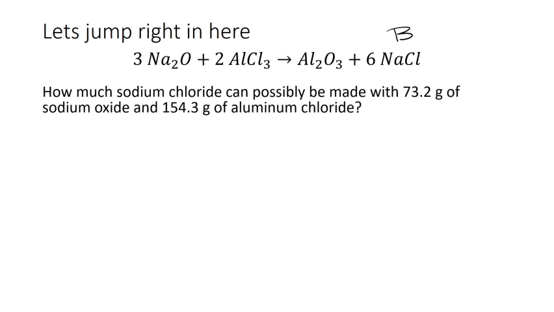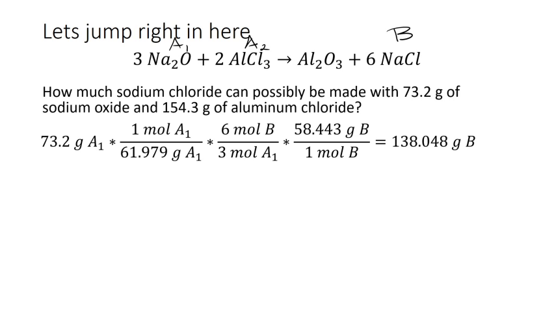Can be made with 73.2 grams of sodium oxide, right, which we will label as A1 just because it's first in the question, and then aluminum chloride, right, which is our A2, simply because it's second in the question. And so then we go through and do stoichiometry just like we would do any other time, right?